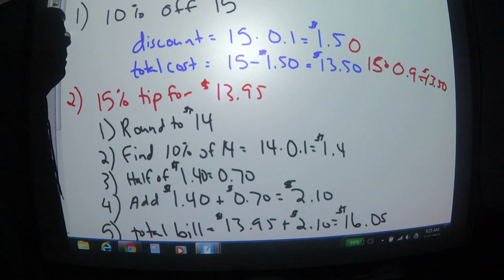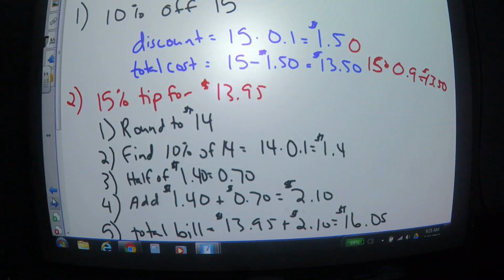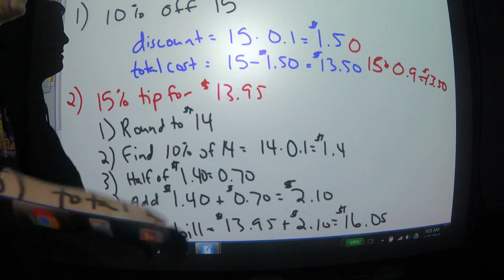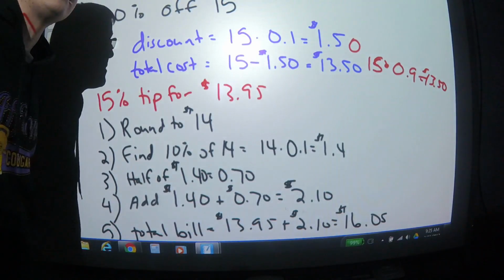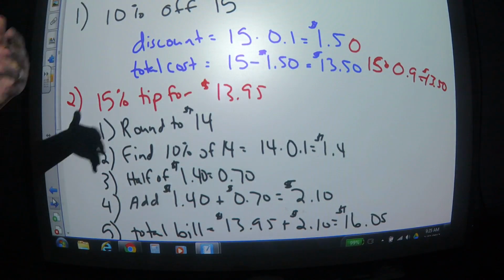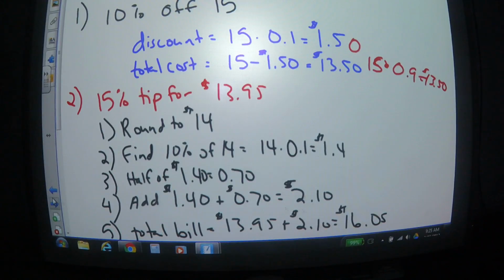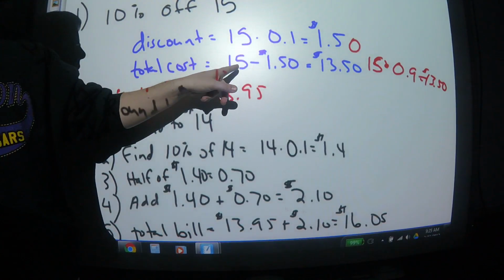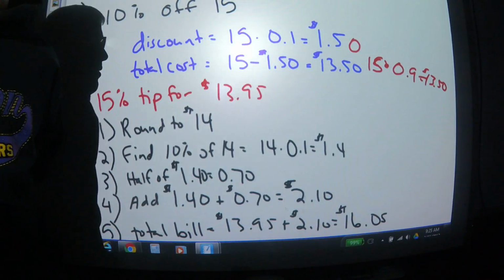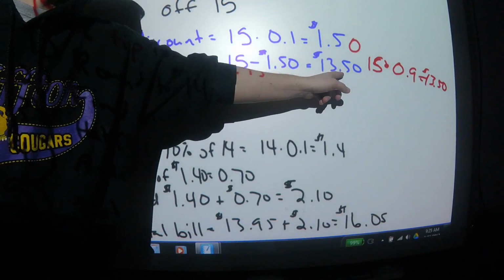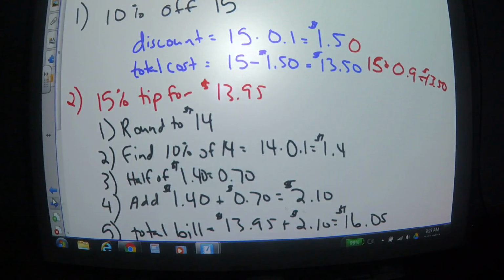So the discount, if we got 10% off of $15, is $1.50. But that's not how much we're paying. That's how much they're taking off. Okay? So the total cost is $15 minus $1.50, which gives us $13.50.